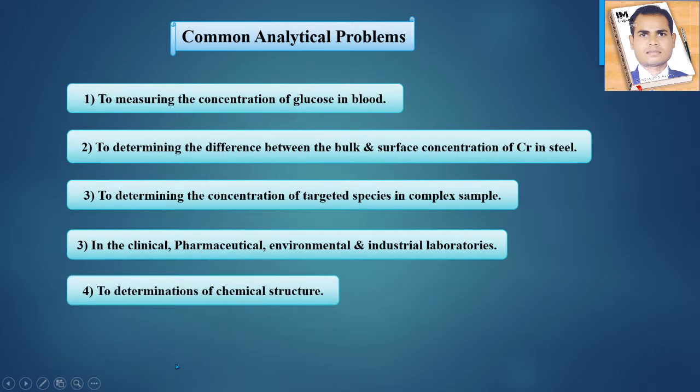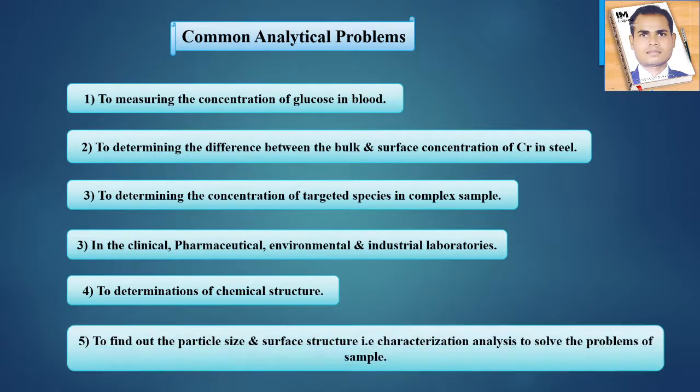The next is the determination of chemical structure. We know in chemistry there is organic chemistry and inorganic chemistry. So in that subject a number of structures are there. So determining that chemical structure is very difficult. Okay, by using some techniques we can determine it, but in analytical chemistry it is very difficult to determine the chemical structure.